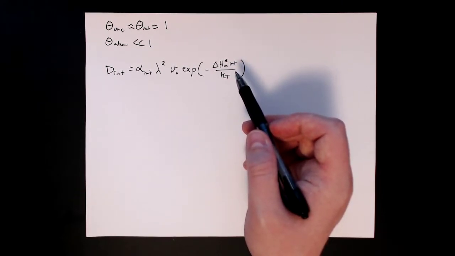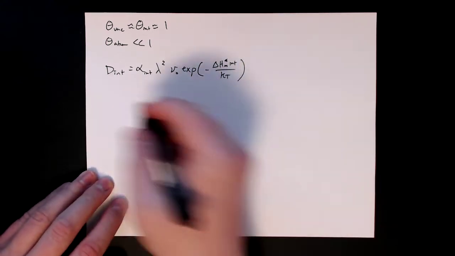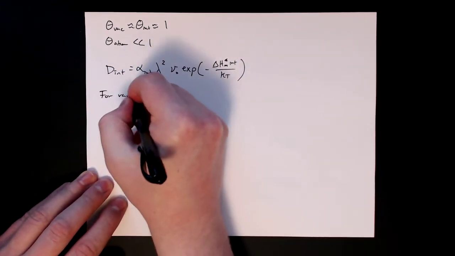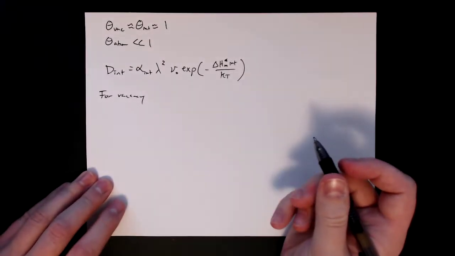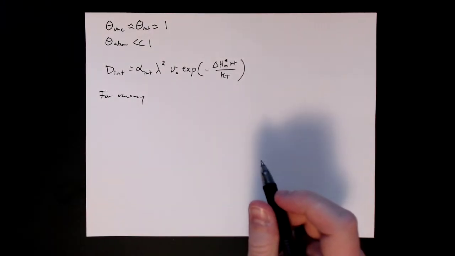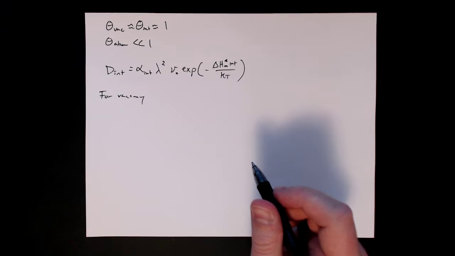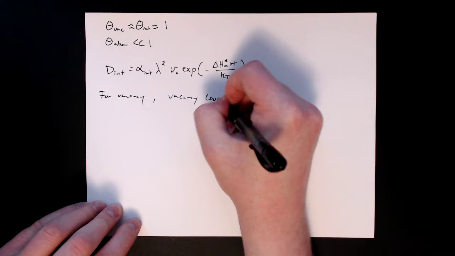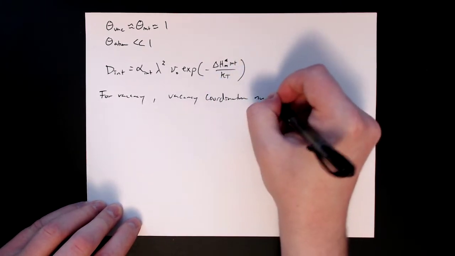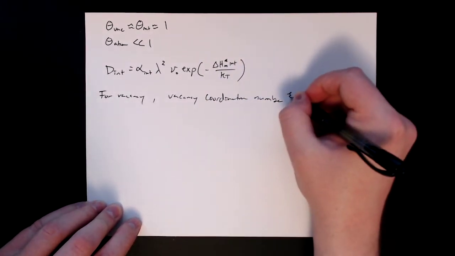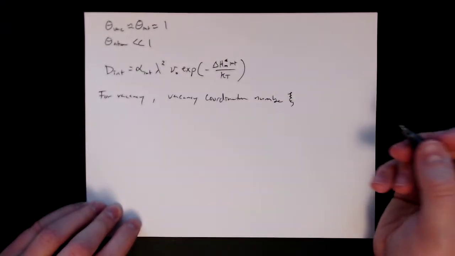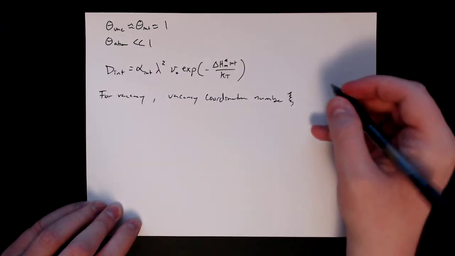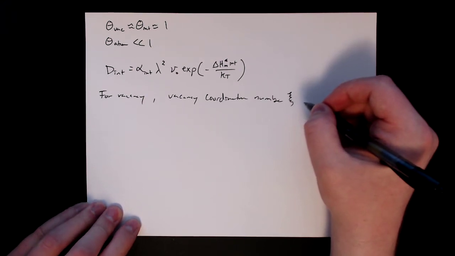So let's look now at a vacancy. For a vacancy, the jump frequency is increased by the number of atoms that surround the vacancy. So we have to know this vacancy coordination number, which again was the squiggle xi in the notes here.